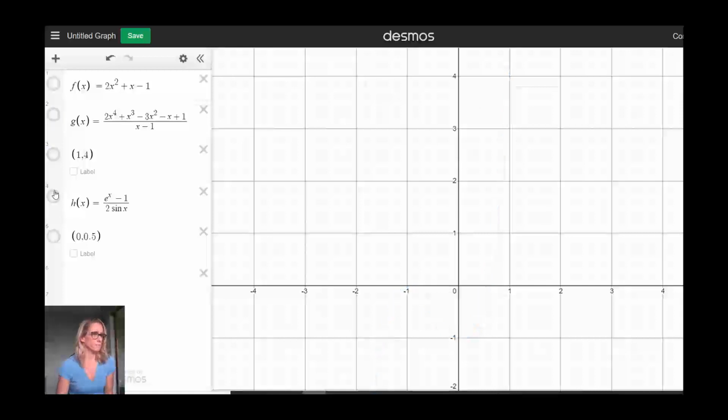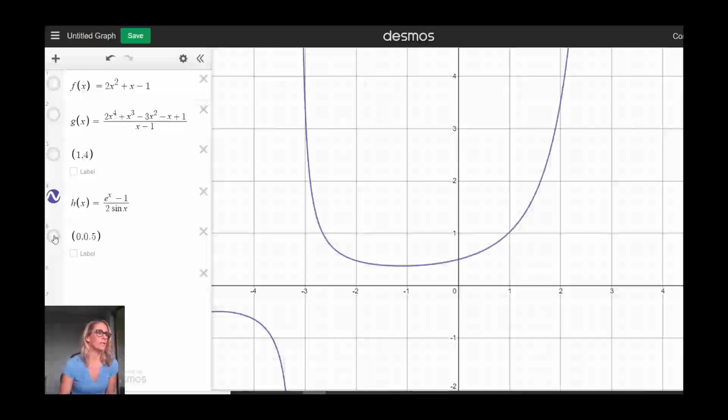And then the last one was this kind of crazy e to the x minus 1 divided by 2 sine x, and this is similar. This has a discontinuity, is what we're going to call it, which we'll learn about later, just at that 0. We can't put in a value at 0. We get 0 over 0. However, it is just a little hole there. There are other ones in this because, of course, sine has multiple places where it is 0, so you'd find it other places.